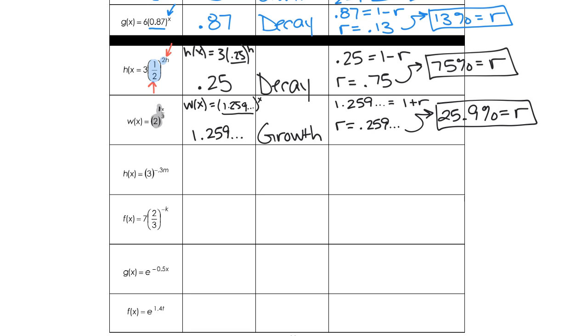Next one up. Again, what happens is that because that variable there is not by itself in my exponent, it means I can't use my base as a true base yet.